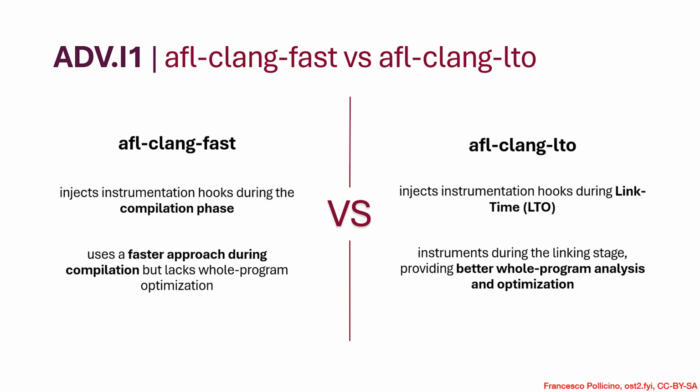In short, we can say that the main difference between afl-clang-fast and afl-clang-lto is that the first instruments the target during the compilation phase, while the second instruments the target during the linking phase. The result is that afl-clang-fast has a faster compilation process, but lacks whole program optimizations, while on the other hand, afl-clang-lto has a better overview of the entire code thanks to the intermediate representation that allows it to implement better optimizations.